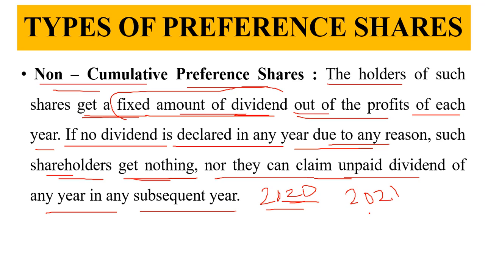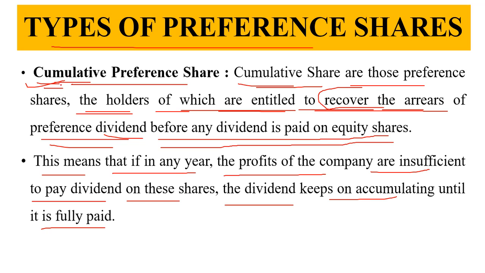In 2021 they will get the dividend of 2021 and 2020 also. This I am telling only for cumulative preference shareholders, of the last slide. Cumulative preference shareholders are entitled to recover the arrears of preference dividend before any dividend is paid on equity shareholders.